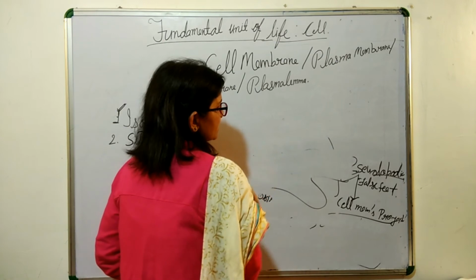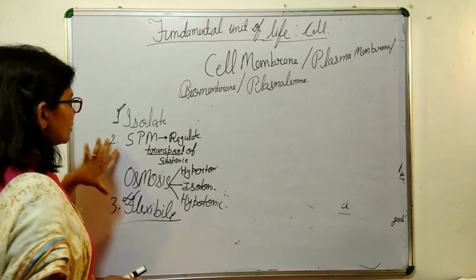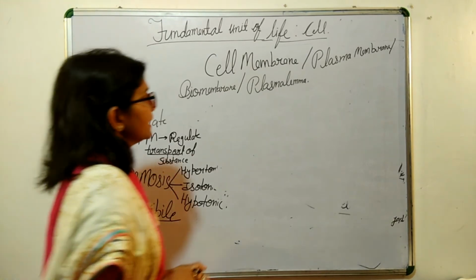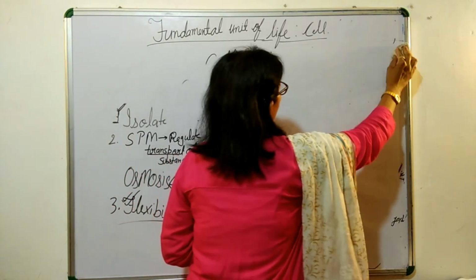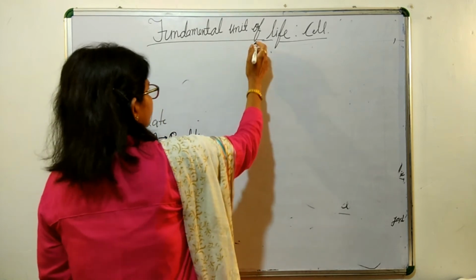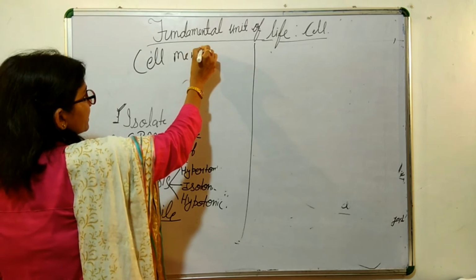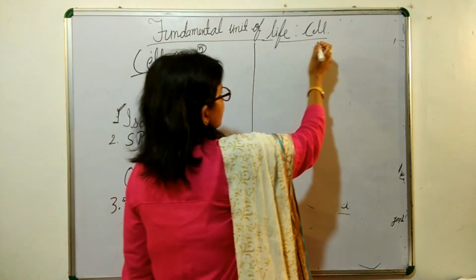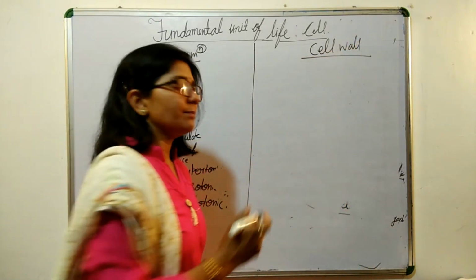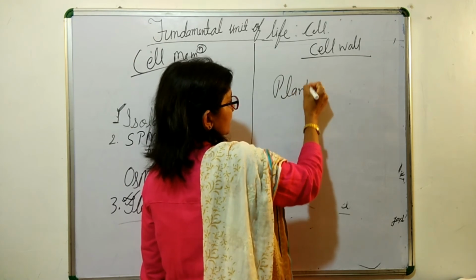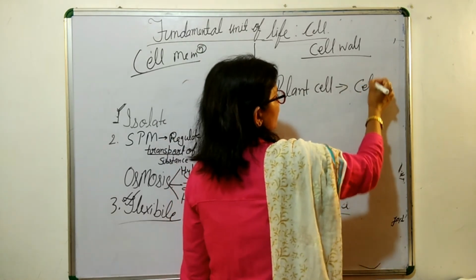In case of the plant cell, it was the most important thing which we should know. Then after this, one more covering we find in the plant cell: the cell wall. The cell wall is basically present in plant cells, made up of a complex form of cellulose.